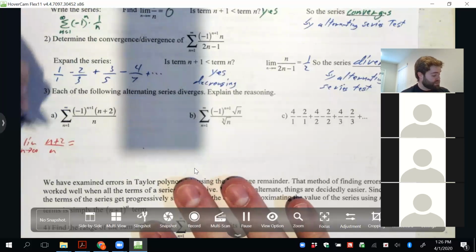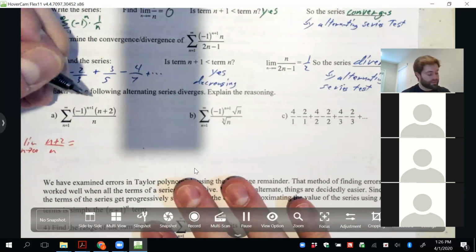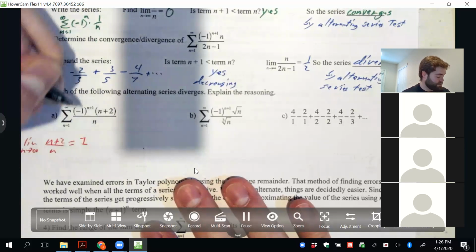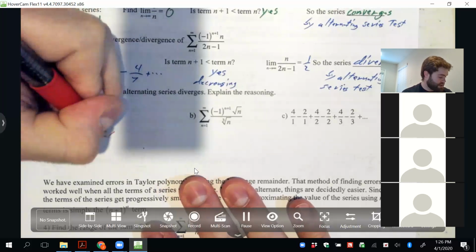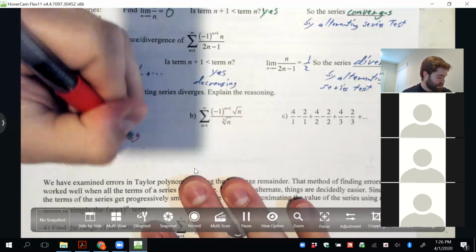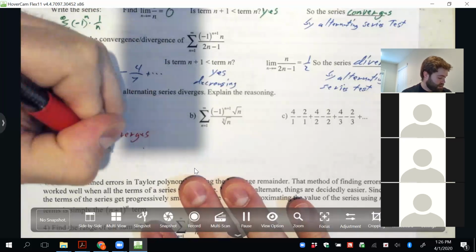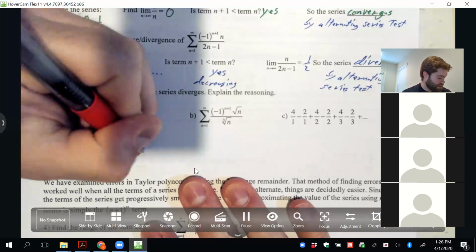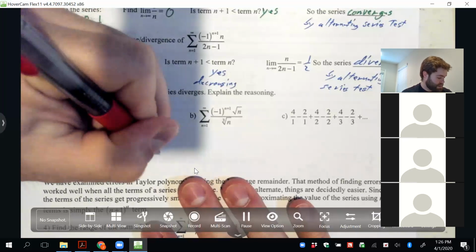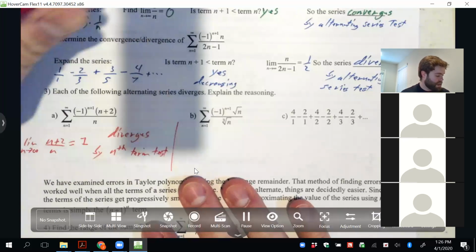What does that limit equal? 1. Yep, it equals 1. Okay, so we already see it diverges by nth term test.